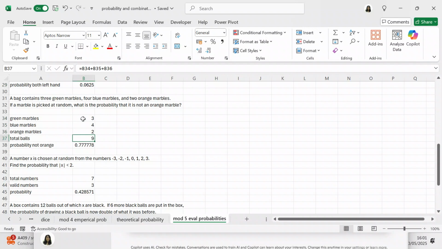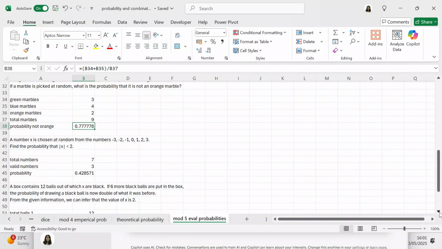And then the total number of marbles is going to be 9. So the probability that it's not going to be orange is going to be the green marbles plus the blue marbles divided by the total marbles, which is 0.7778.